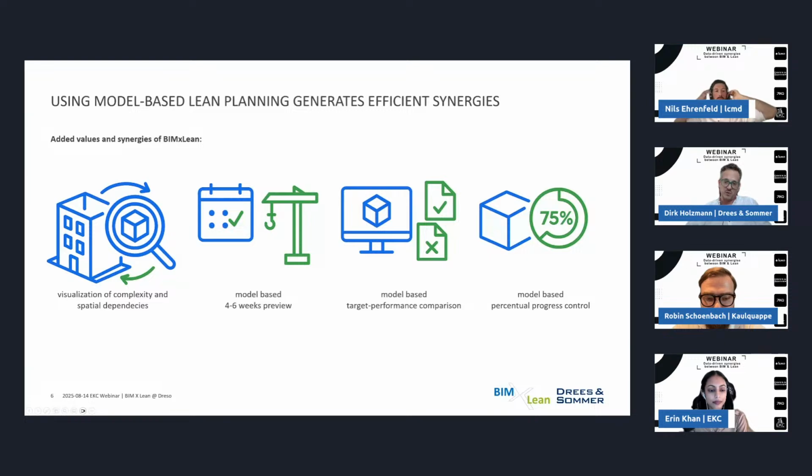And so it's also possible to have a model-based target performance comparison. So you have your timeline or your schedule, and you can compare it to the construction site, what is already built or what is not built. As another result of this combination, you can have a model-based procedural progress control.